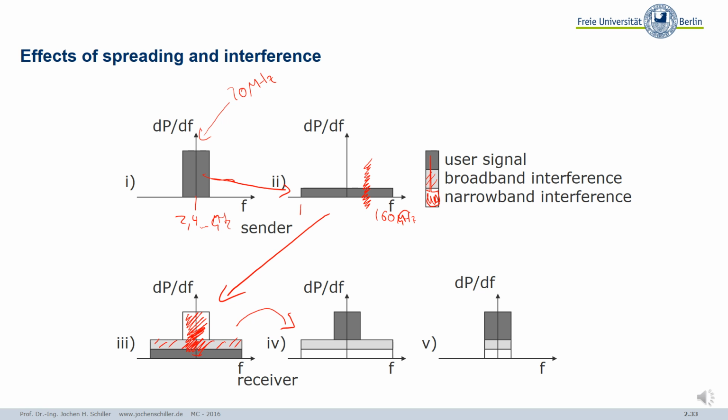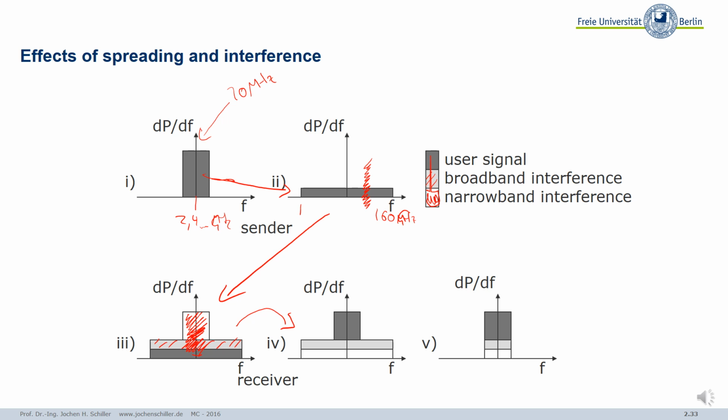We despread it, so first we spread it, and then we despread it. And what happens is, only the user signal spread in a certain way can be despread. The broadband interference will remain spread over the whole spectrum.